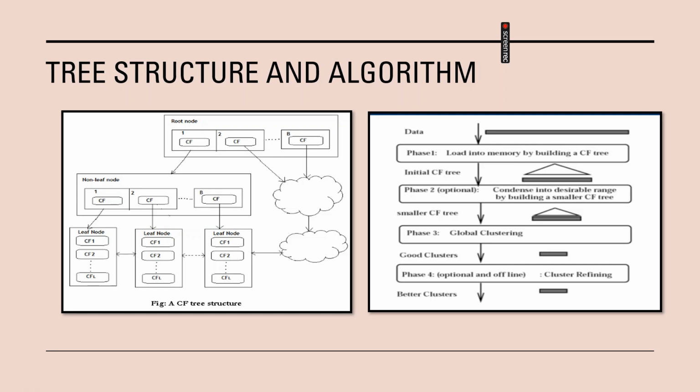This CF tree, either the smaller CF tree or the initial CF tree, is fed into the global clustering model. For example, it may be any clustering algorithm. If we take k-means and give the CF tree to the global clustering algorithm, k-means, then we will get a set of clusters. These clusters are called good clusters, and then we perform cluster refining, which gives us better clusters.